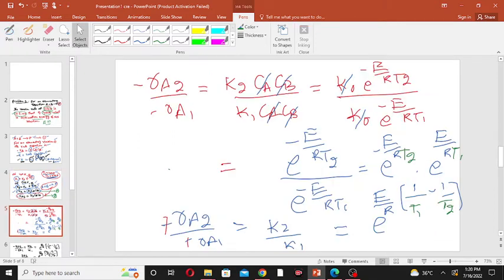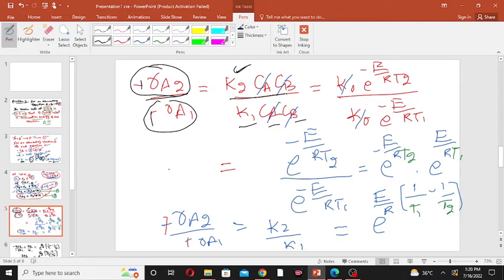So it is written as minus Ra2, the rate at 500 Kelvin, divided by minus Ra1, the rate at 400 Kelvin, which is equal to K2 Ca Cb divided by K1 Ca Cb.